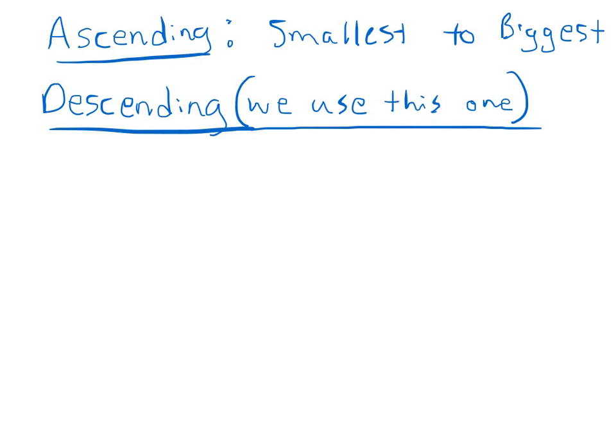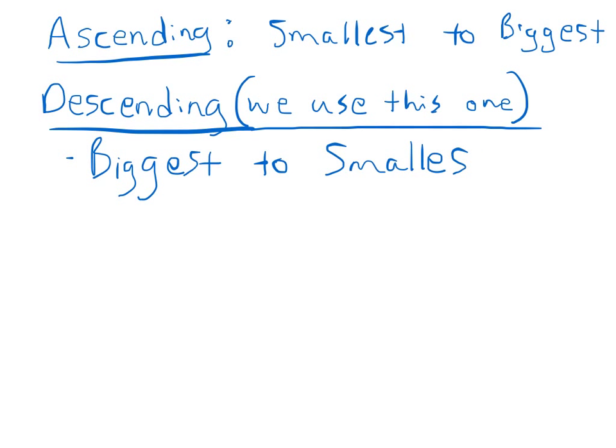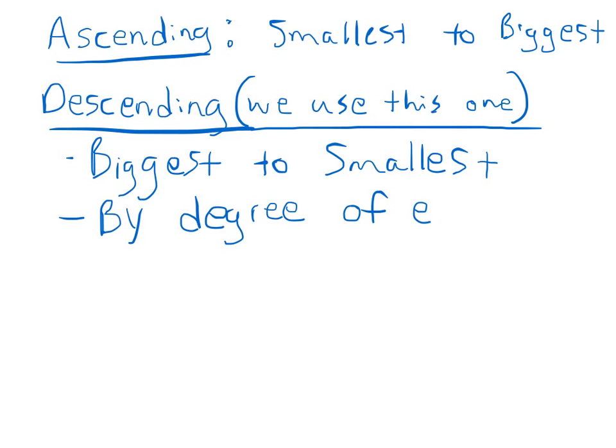Okay, so this is from the biggest. This is from biggest to smallest. Okay. And we should also put a note that this is by degree of each monomial.